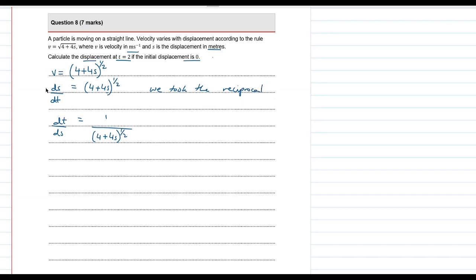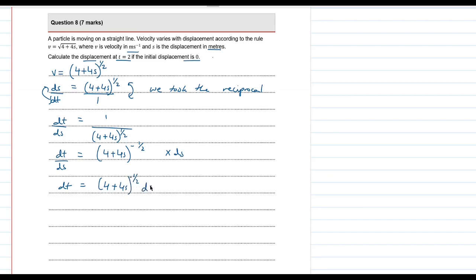So we just flipped this, and so we also had to flip this. And now I'm going to write this as dt on ds equals (4 plus 4s) to the power of negative half. Multiplying both sides by ds, we're going to have dt equals (4 plus 4s) to the power of negative half ds.